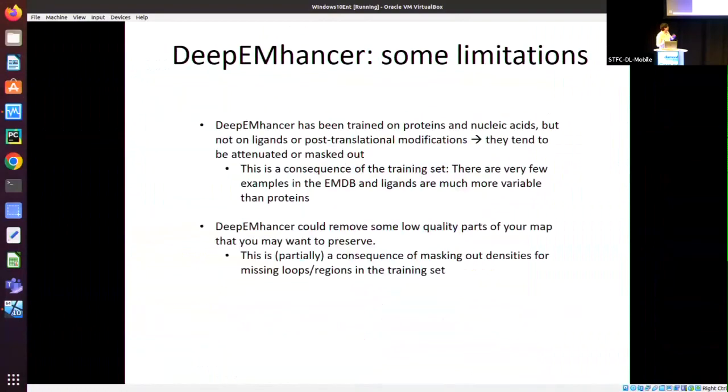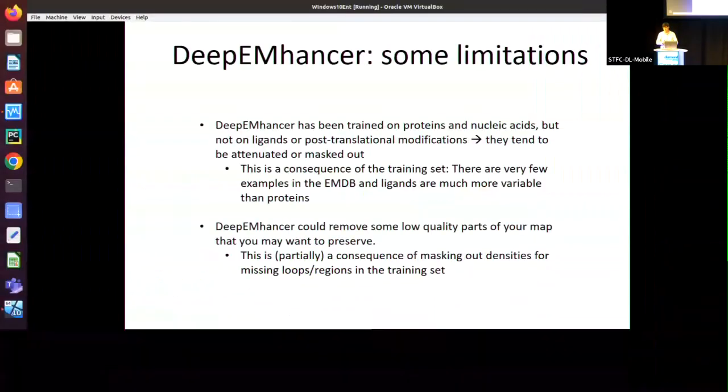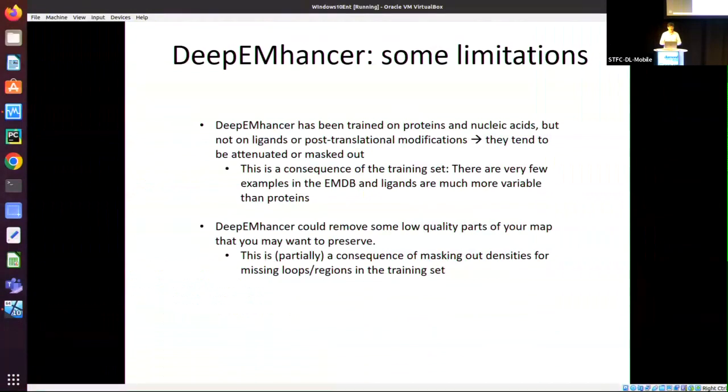And lastly, I just want to comment on a couple of limitations about DeepEMhancer that you all should be aware of. It has only been trained on protein and nucleic acid data. So if you are facing ligands, or you have strong post-translational modifications, it is likely that the results won't be that good.